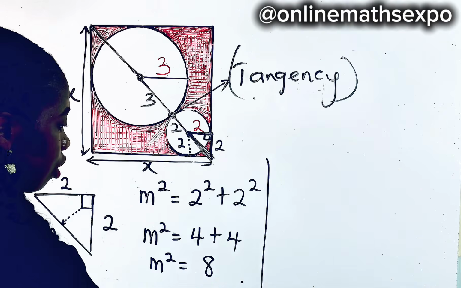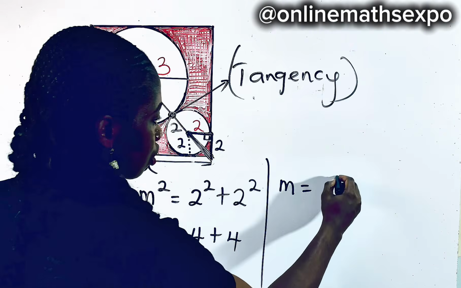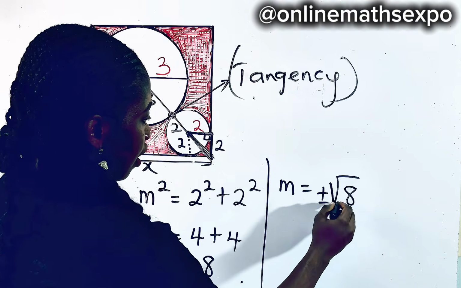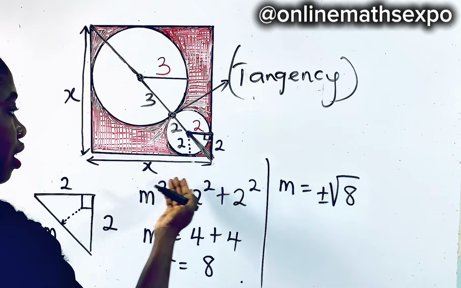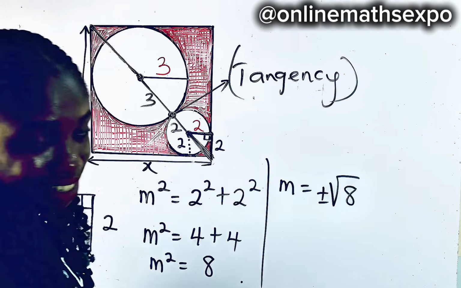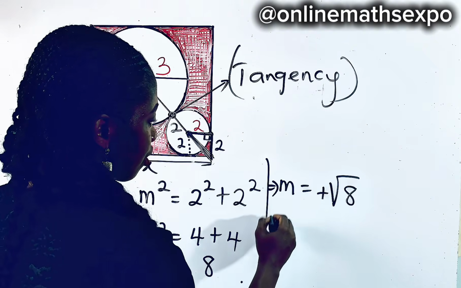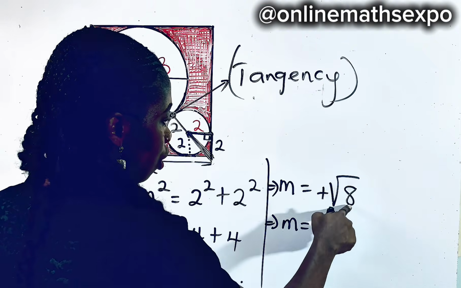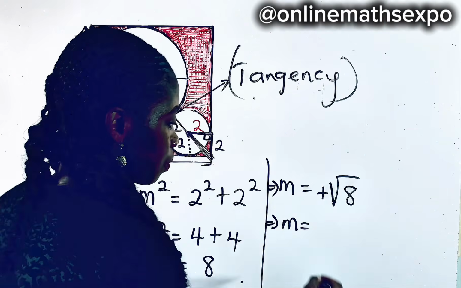So to get the value of m, we take the square root of 8, both the positive and negative, anytime you want to remove a square. But at this point, the length should not be negative, so we are only going to take the positive. So we have m is equal to the square root of 8. Remember, this 8 has a square number in it, and let's bring it out.